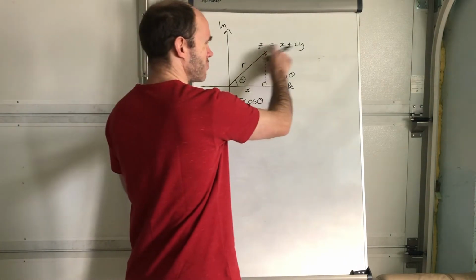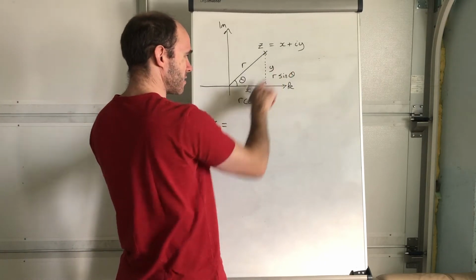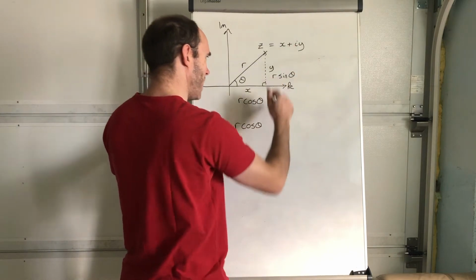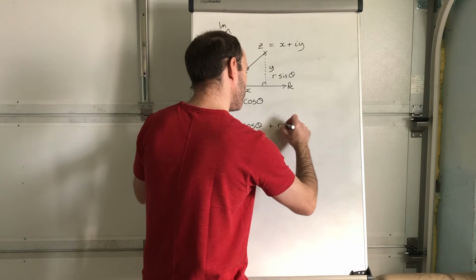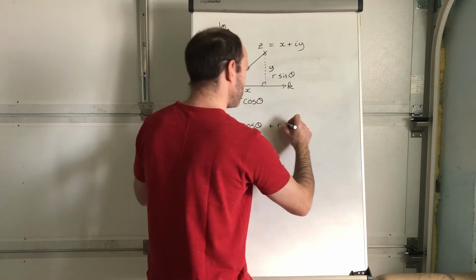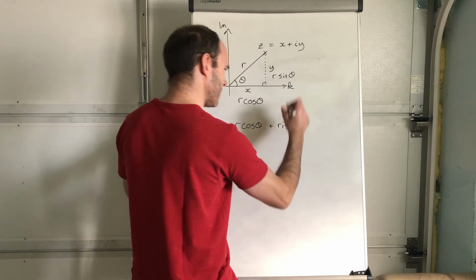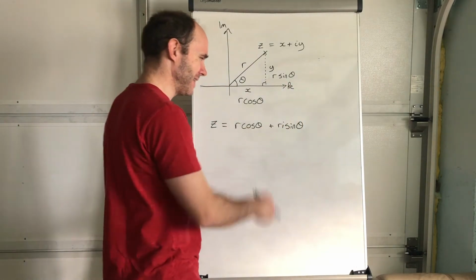So what that means is I can rewrite this. I can write the complex number Z as x, which is r cosine theta, plus iy, which is going to be r sine theta. Let's just put the i there, shall we? I'm a bit fiddly as to where to put that i in that bit.